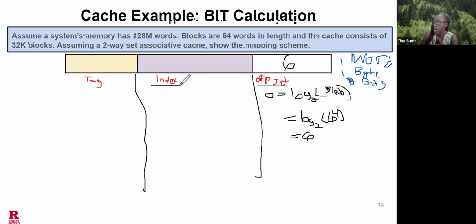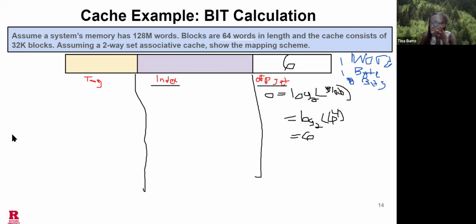So again, all we did was take this value where they told us we were given the length of the bytes, and we use that to determine what to use for our offset. So that is relatively simple. We have what we need there.